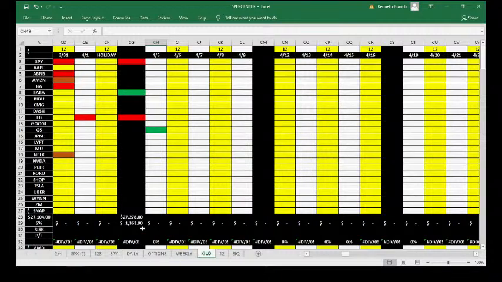In my trading account, I'm willing to risk weekly $1,363, $1,300 is what I'm risking. This is 5% of what's in my account, and I'm going to spread that amongst multiple stocks.